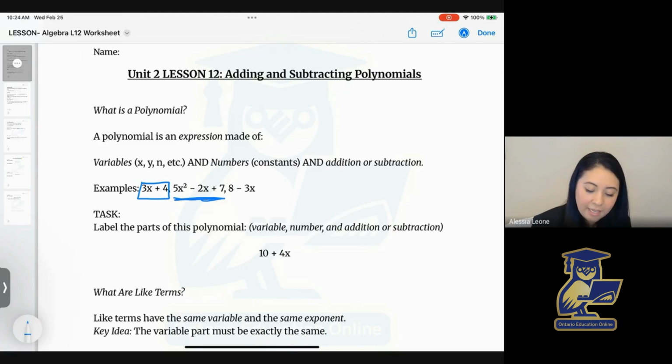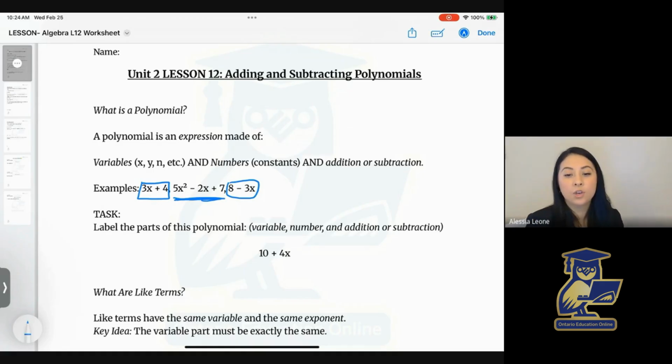That whole thing is a polynomial. This one here, the 8 take away 3x, that is a polynomial. They all have a variable, those letters. They all have a number, the constants, and they all have an operation, addition or subtraction.